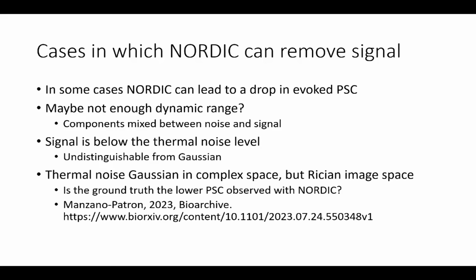And so if you keep averaging and averaging, you're not actually getting rid of this thermal noise, but you're adding something to the data. So one possibility is that the larger % signal change that we see without Nordic is actually a byproduct of this averaging of thermal noise in image space and the Rician property of the thermal noise. So maybe the ground truth is actually the lower PSC observed with Nordic.